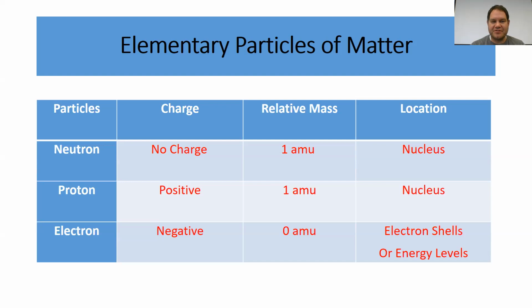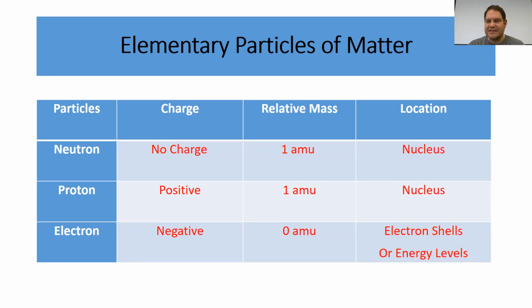So the neutron has no electrical charge, and so we consider it neutral. A proton, on the other hand, is positively charged and carries a positive electrical charge. The electron has a negative electrical charge, and we'll discuss the implications of the proton and electron charge later on.